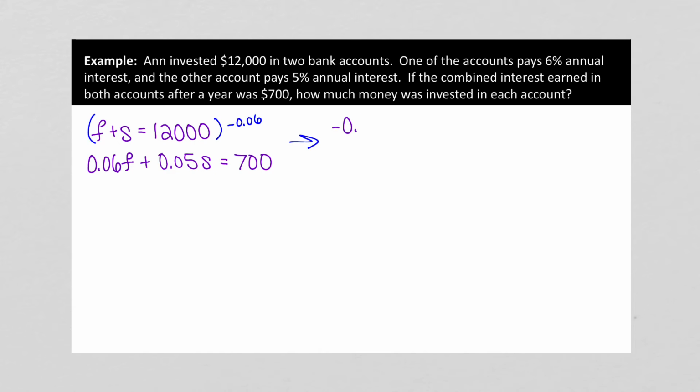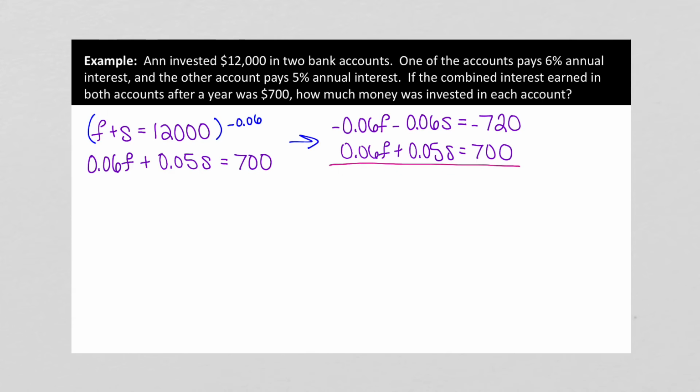So we'll have negative 0.06F minus 0.06S equals, don't forget to multiply the 12,000 by negative 0.06 also, so negative 720. And then we add. So the F's go away, and we'll have negative 0.01S equals negative 20.